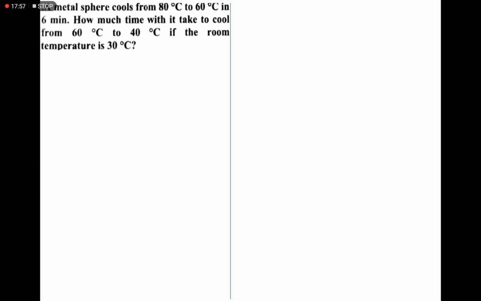Students, this particular problem is related to Newton's law of cooling. This type of problem is there in the board exam. Next year we have to learn the practical related to Newton's law of cooling, and this article is there in the theory. We have to solve this type of questions.